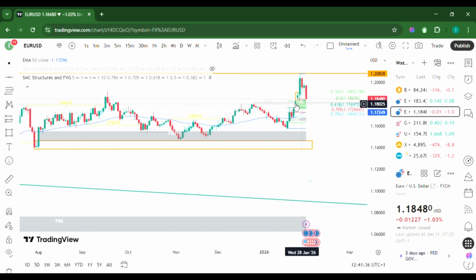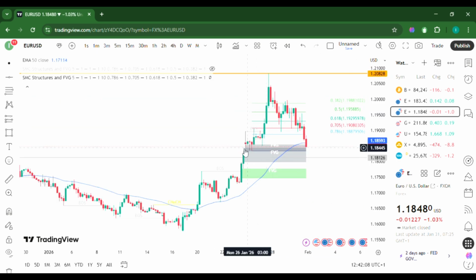At the daily time frame, we have seen a fair value gap. So we go over to 4 hours and we have fair value gaps here. You can see that at the 4 hours time frame, part of it has been mitigated, while this one is still unmitigated. So we are looking out for price either to take out this FVG at 4 hours fully and return back to the premium zone, which is the supply order block.